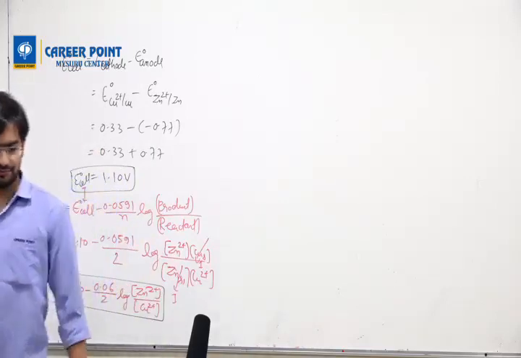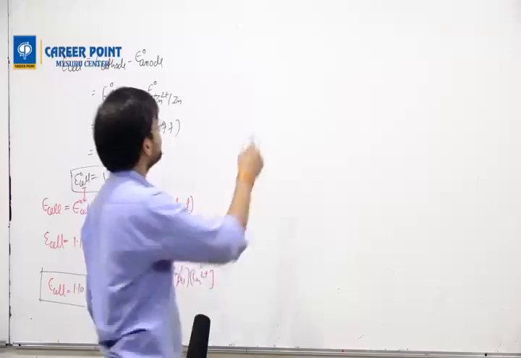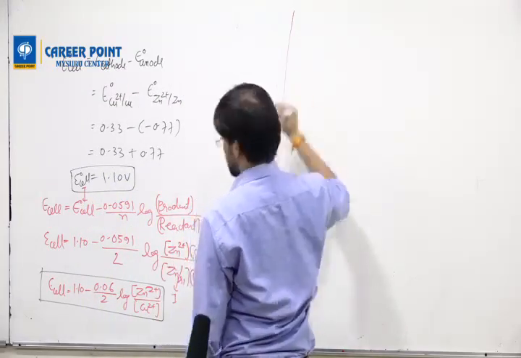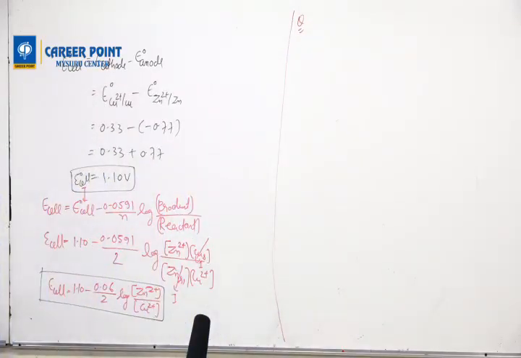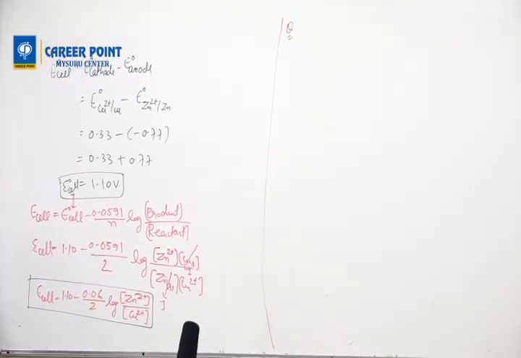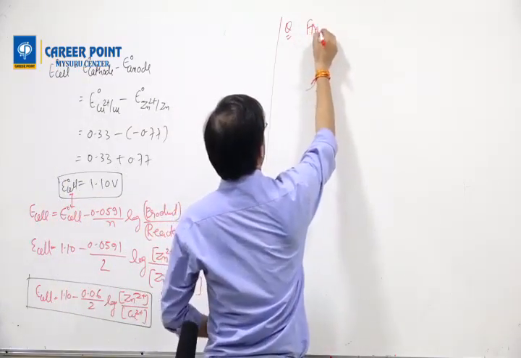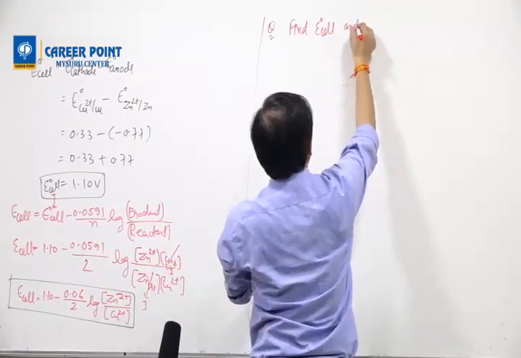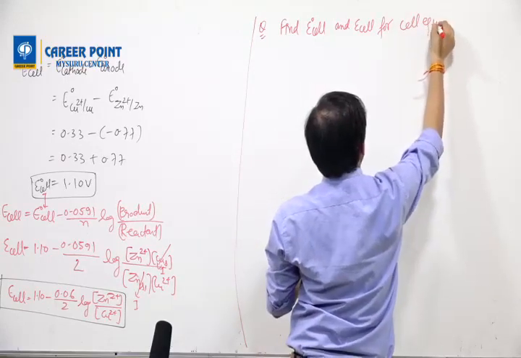Copied all? Find question. Find E naught cell and E cell for the cell equation.